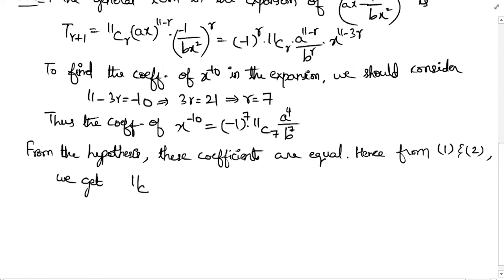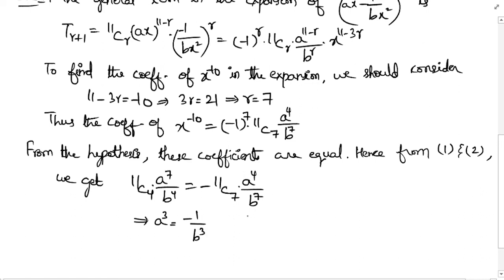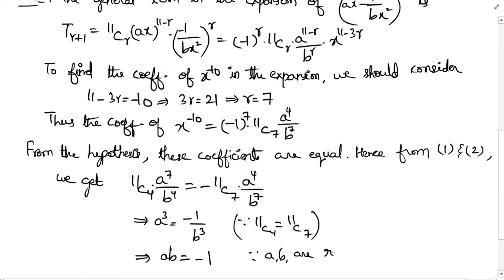We get 11C4 into a^7 divided by b^4 is equal to −11C7 into a^4 by b^7. Which implies that a³ is equal to −1/b³, since 11C4 is equal to 11C7. So that implies ab is equal to −1, since a and b are real. Okay, so this is the relationship between a and b.